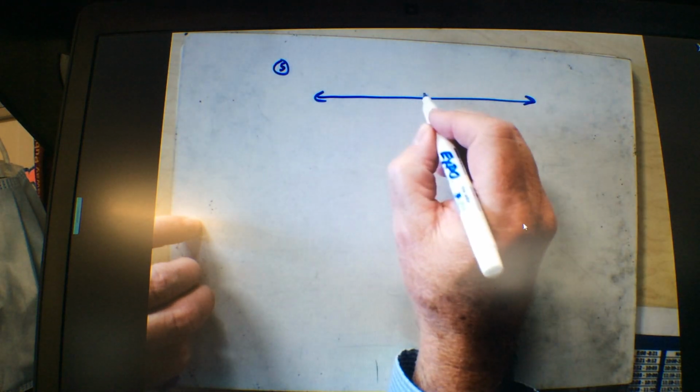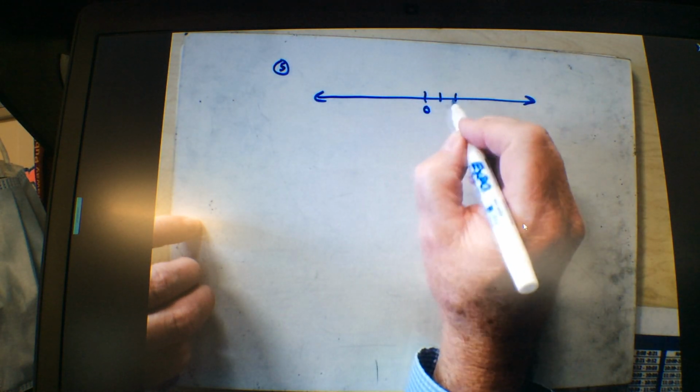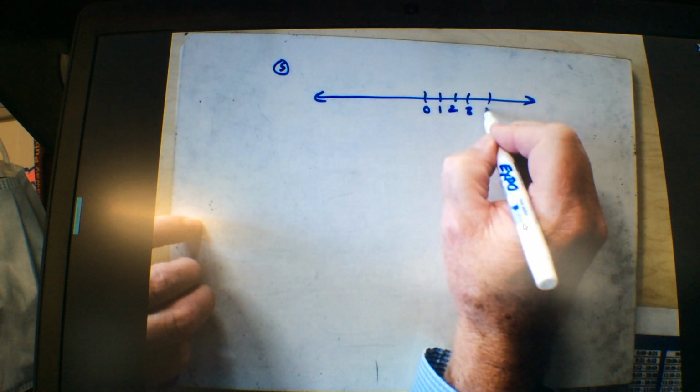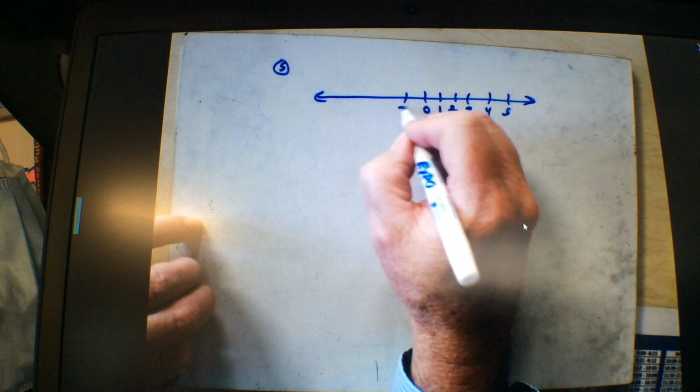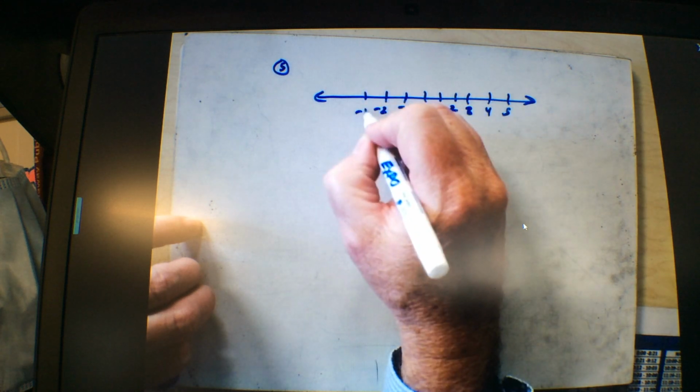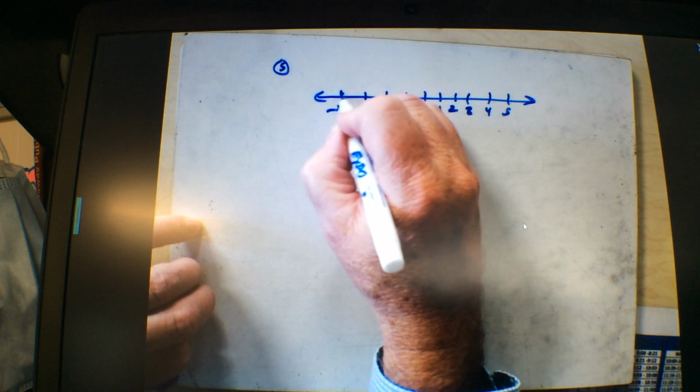I'm going to give you a number line like this. I'm going to put 0 right here. 1, 2, 3, 4, 5. -1, -2, -3, -4.